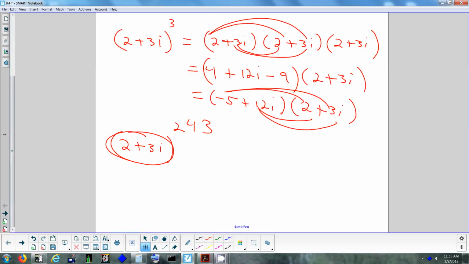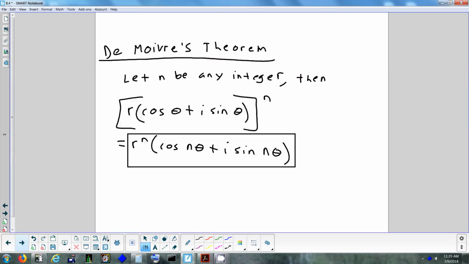But the trick is we can't use standard form. How do you think I'm going to write this number instead of standard form? I'm going to write it in trig form. If you write it in trig form, you would have something like r cosine theta plus i sine theta.